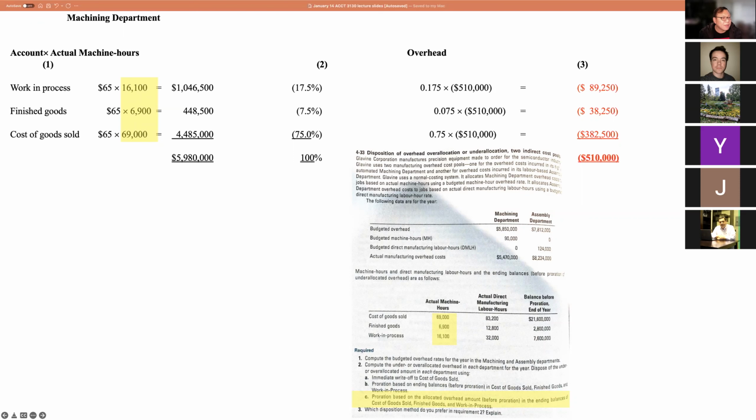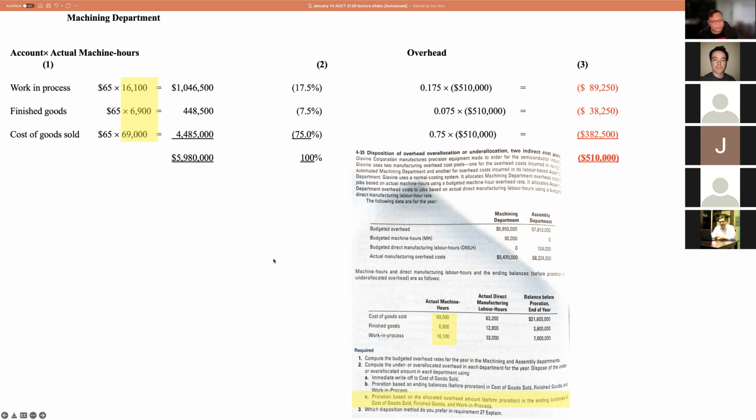The whole idea is the same. It's just that they use a different balance: instead of using the balance for the cost of goods sold, finished goods, or work in process, now they are using the allocated overhead balance. Okay, Samarin.